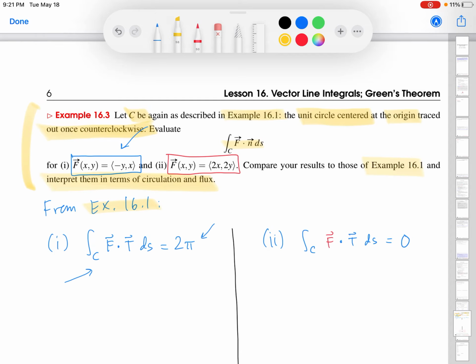So we now have a new interpretation for this, and this is the circulation. The fact that the circulation is now positive for this vector field tells us that if I draw this curve C, which is the unit circle centered at the origin, this vector field F is pushing this bead around this unit circle wire in the same direction, in this case counterclockwise, that the curve is traced out.